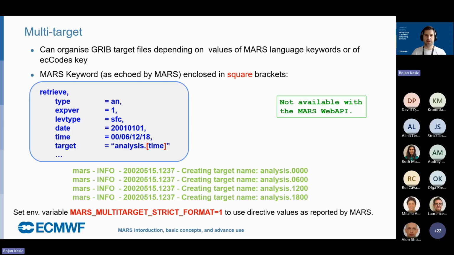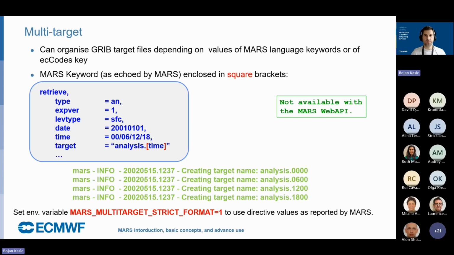Going further, and again saying this is not available on Web API, this is only available with the Mars client. When you run a retrieve request, you can create multiple target files, not only one. So this is quite useful.